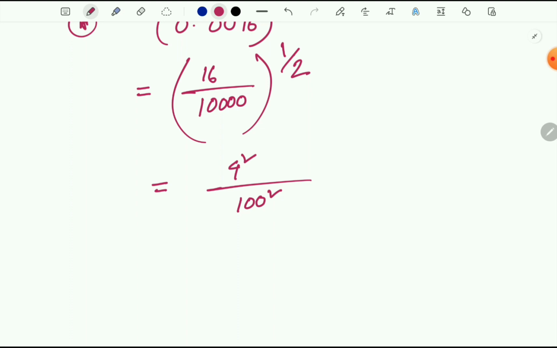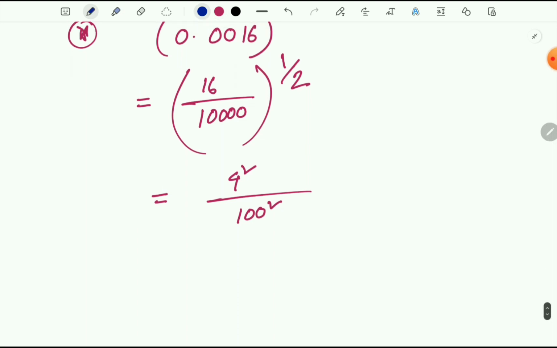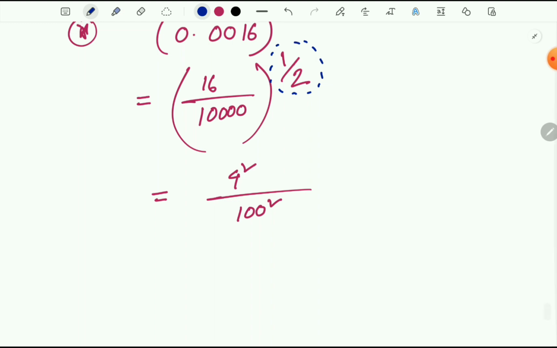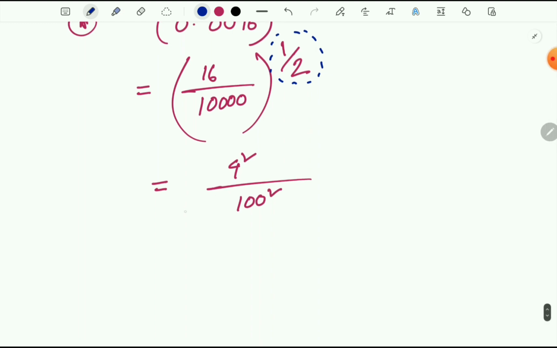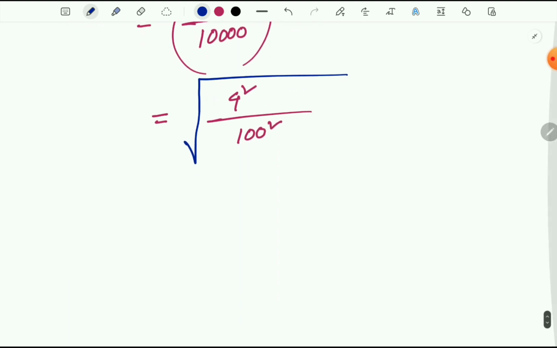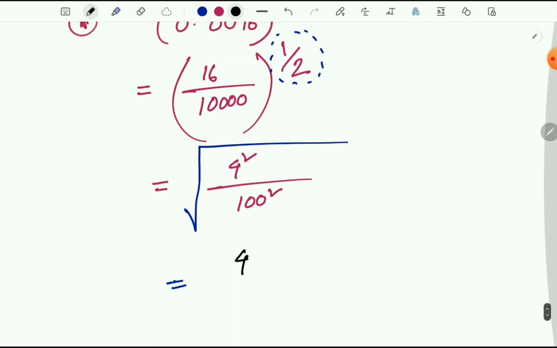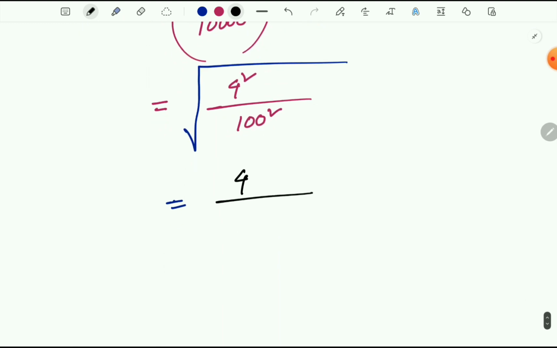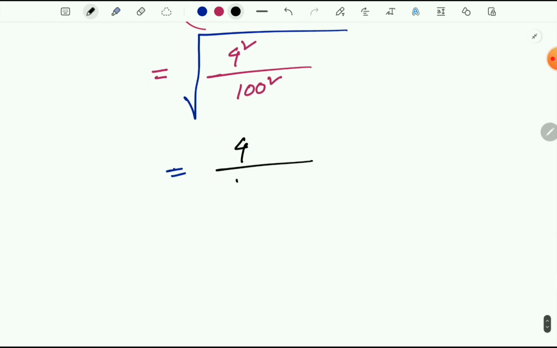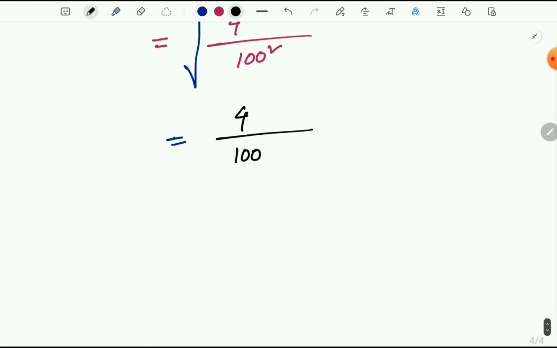This half can be written as a square root like this, and we know the square root of 4 square becomes 4, and the square root of 100 square becomes 100. So we can further simplify to 1 by 25. So this is our answer.